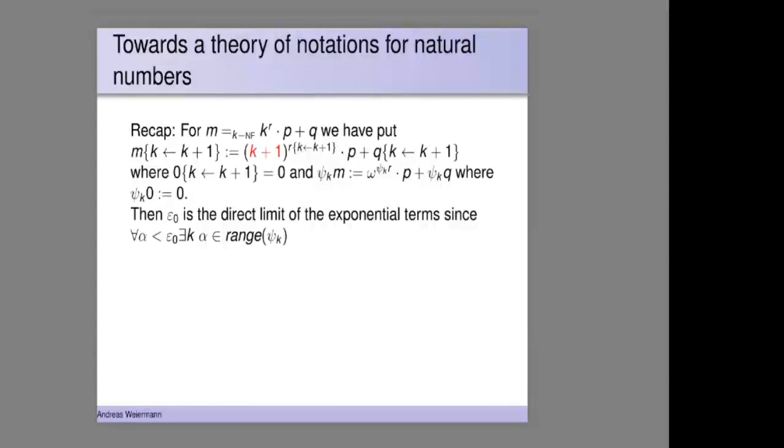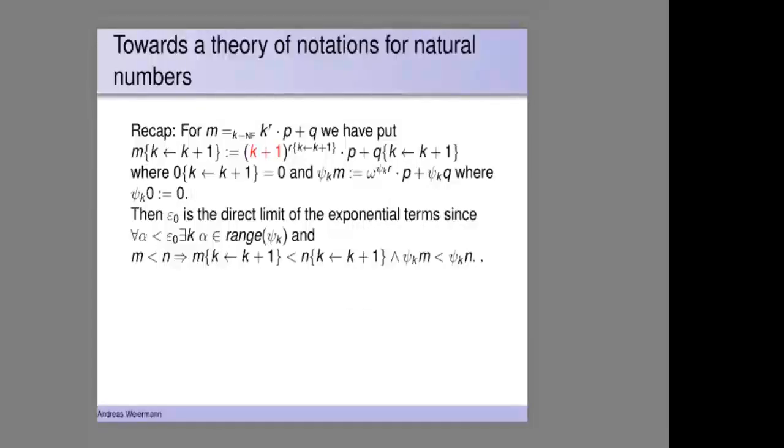Namely, if you take an arbitrary ordinal alpha less than epsilon 0, it will be in the range of some function pk, not for all k, but if k is large enough, and actually you have to choose k as big as the maximal natural number showing up as a coefficient in alpha, and then this alpha will be in the range of pk.